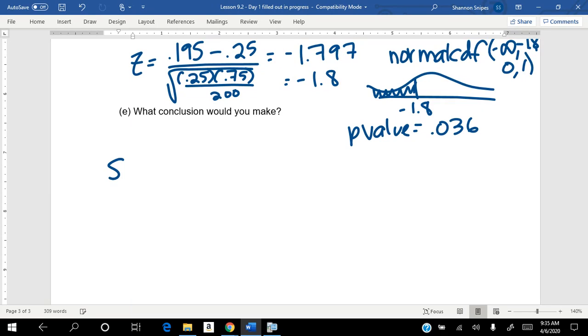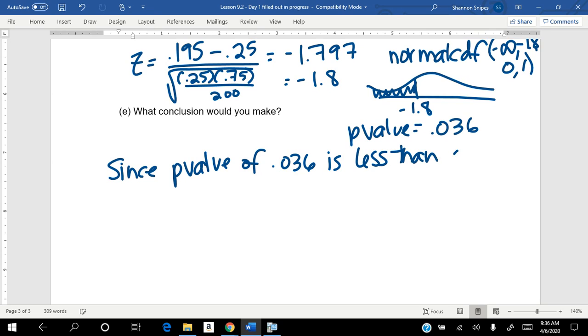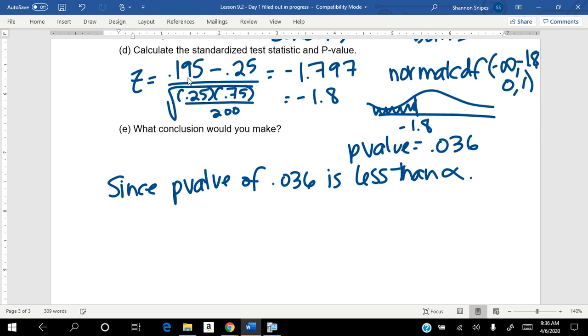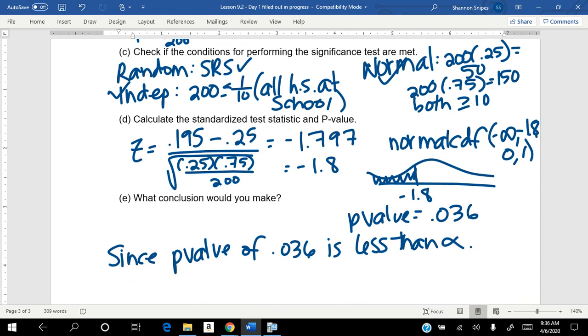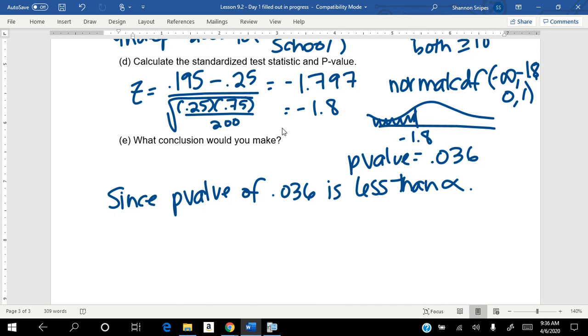So since our p-value of 0.036 is less than alpha, remember we stated alpha is the 0.05 significance level, since our p-value is less than alpha, we will reject the null hypothesis.